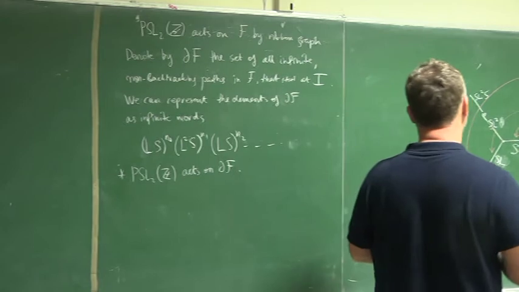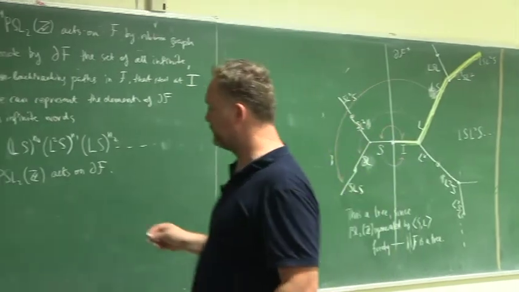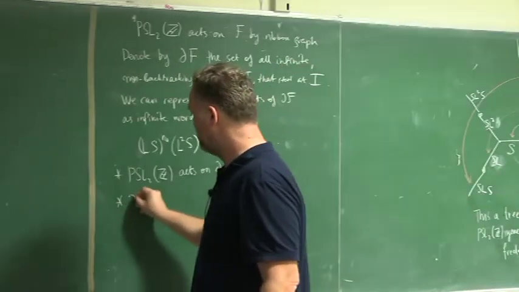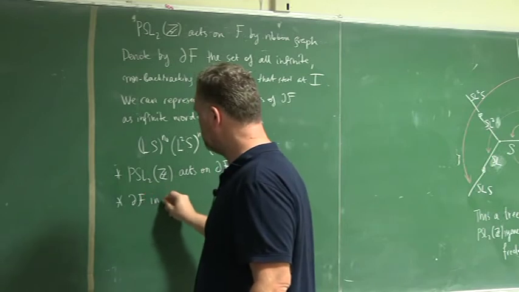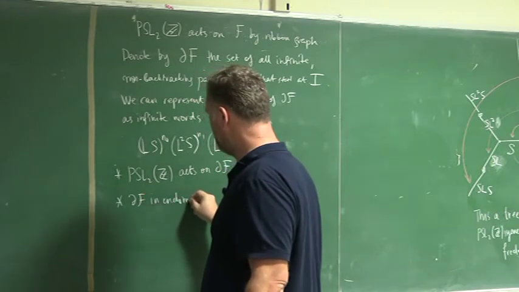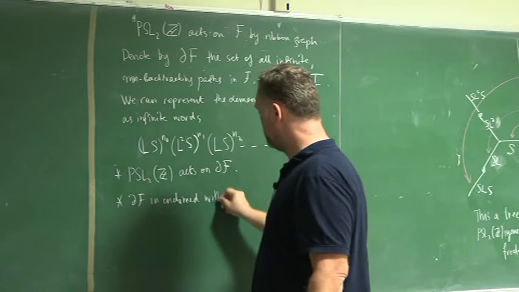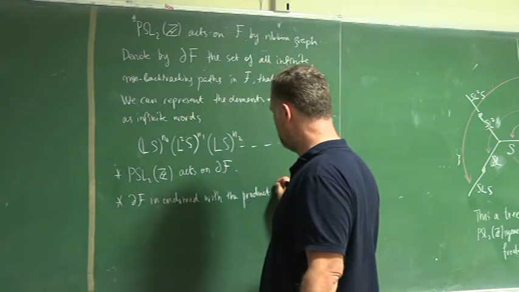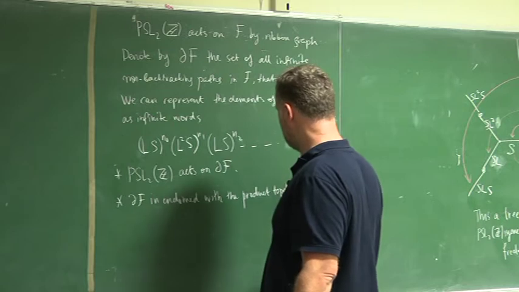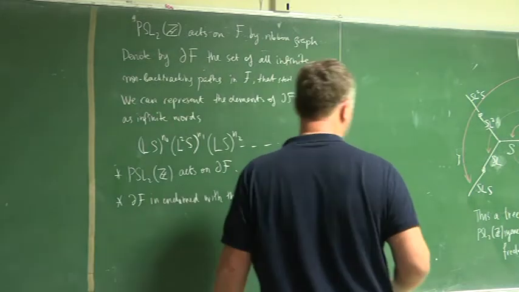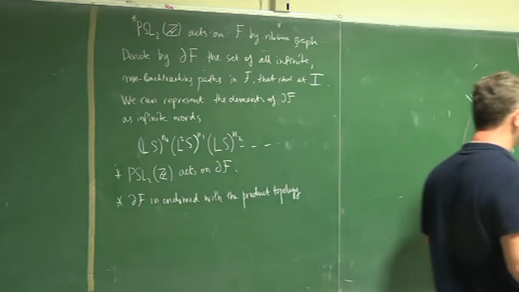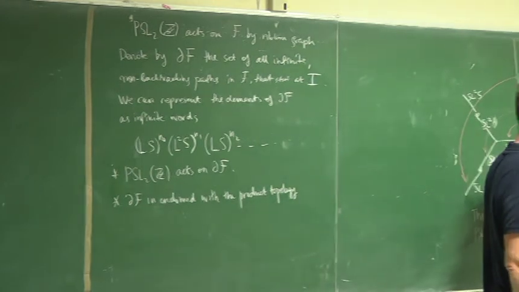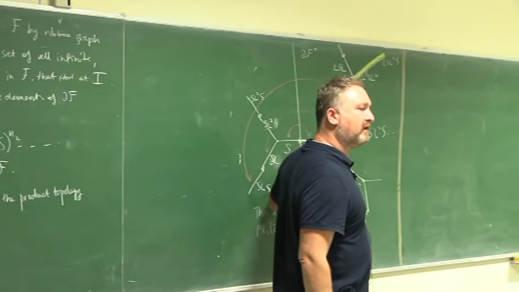In fact, this boundary is endowed with the product topology, which can also be given as a metric. And the topology says that two paths are close if they go together for a while.